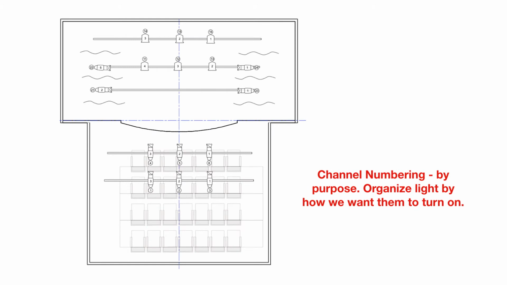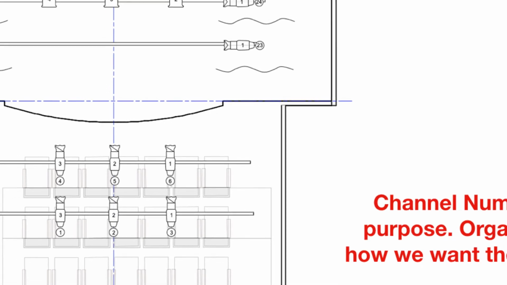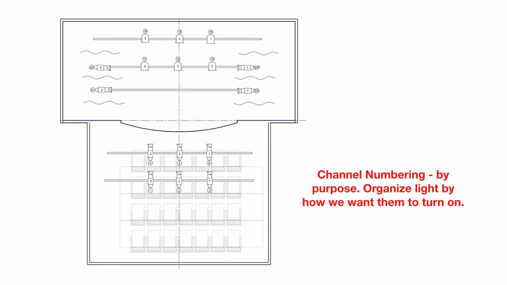So I'm organizing the lights in a way that makes sense for me to turn them on in the light board. I want all of my front of house lighting instruments, for example, to come on in the same order, right? So I've organized it 1, 2, 3, 4, 5, 6 across that front of house position. Those are your channel numbers for that system of lights.